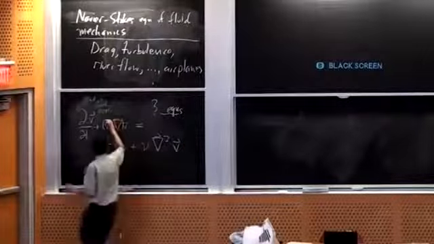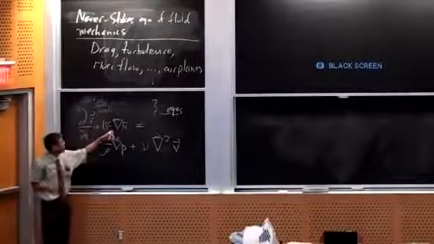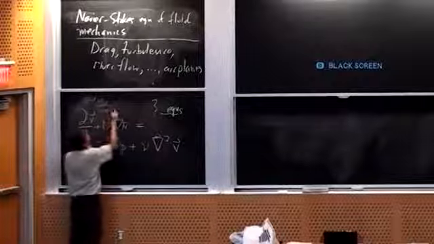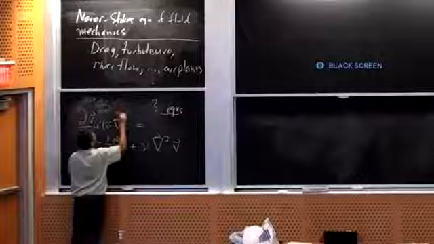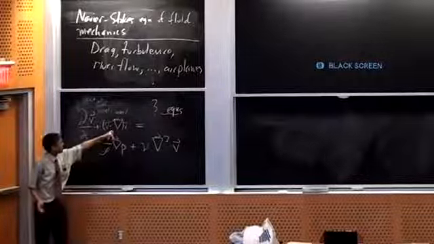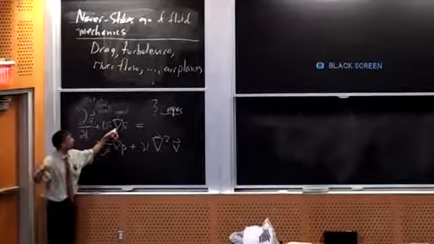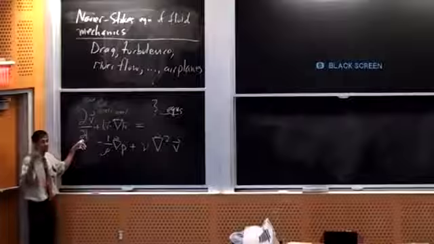Okay, so what is this? Well, this is also a change in v. So it's sort of like an acceleration. It's part of the acceleration, actually. So this is another acceleration. It's a change in v, but it's a change in v because you moved to a new place. This one is a change in v because you waited, you moved to a new time.